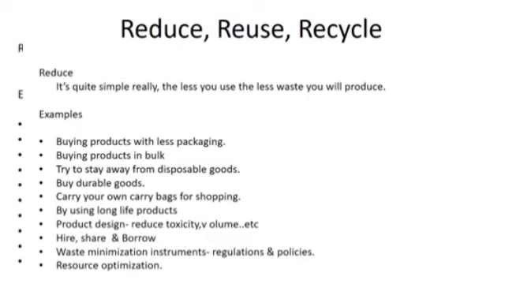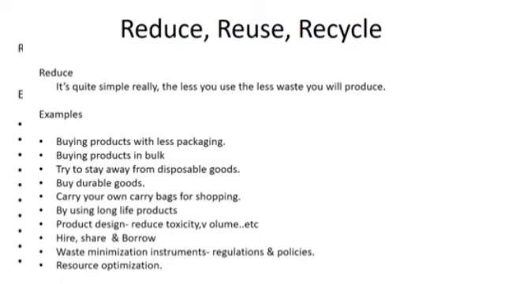Try to stay away from disposable goods. If we are using disposable goods, it creates a lot of waste. Disposable glass, disposable plates, etc. Buy durable goods. Carry your own carry bags for shopping, so that we can avoid plastics. By using long life products. Even if it costs more, long life products should be chosen.